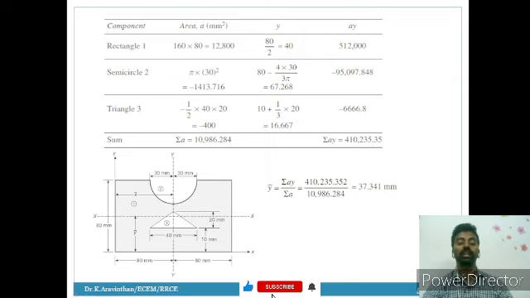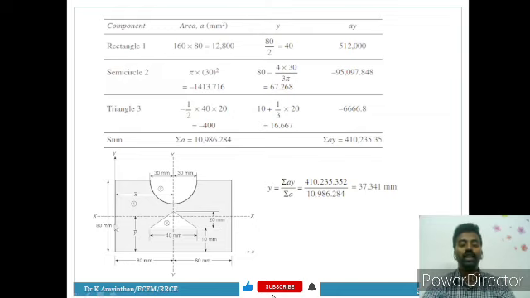You can check the description box for that problem. Hence x bar will be common for all the sections, that is, x bar will be 80 mm. If you cut the section horizontally, it is not equal in top and bottom, which is why you have to find the y bar. So y bar has to be identified. Right now we will proceed with this.